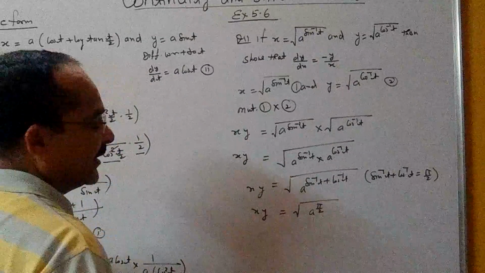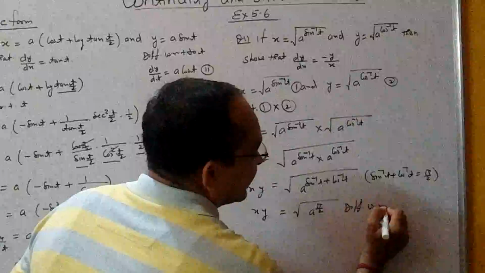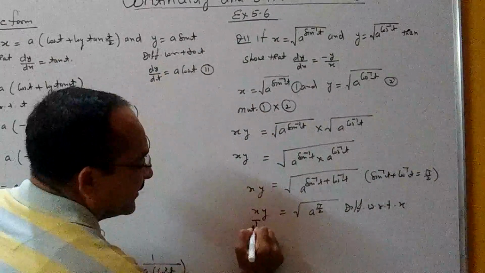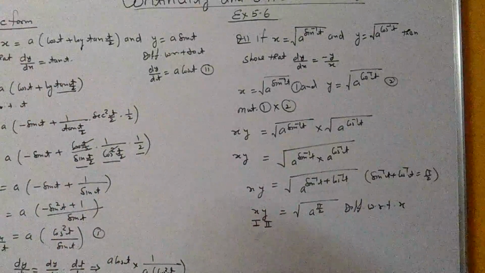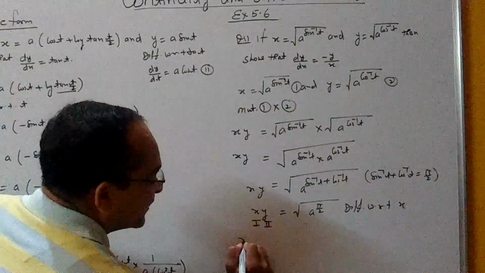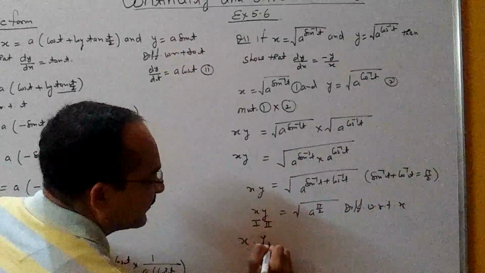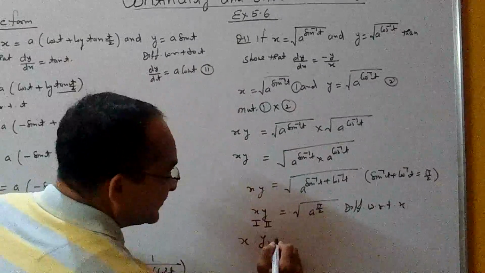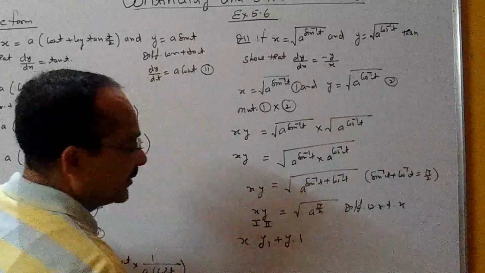At that step, differentiate with respect to x. You see that these are two functions, so use the product rule on the left hand side. First function as it is, differentiation of y is y1 or dy by dx or y dash, plus y as it is, differentiation of x is 1.